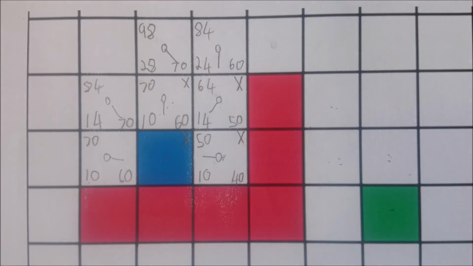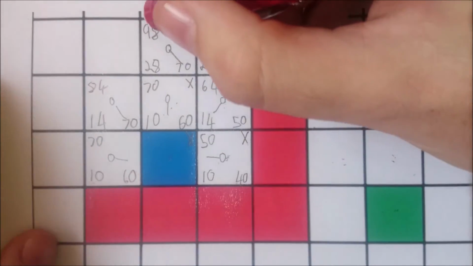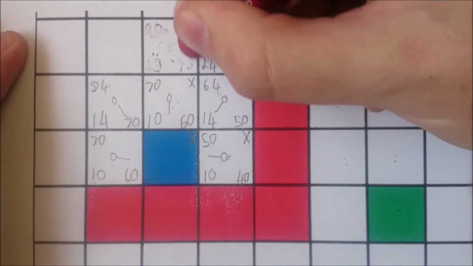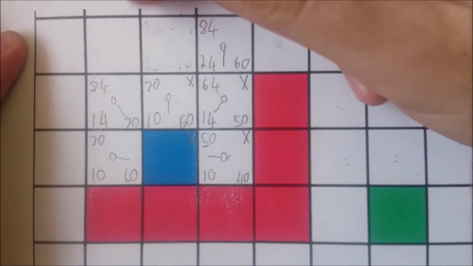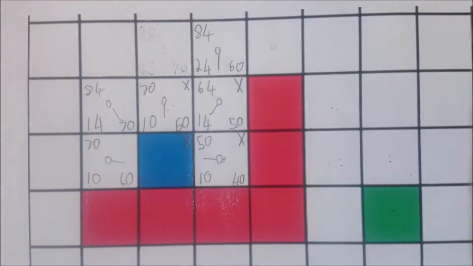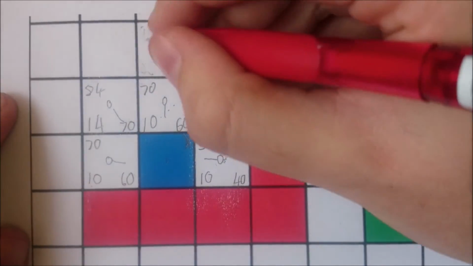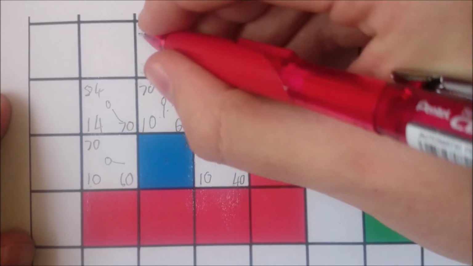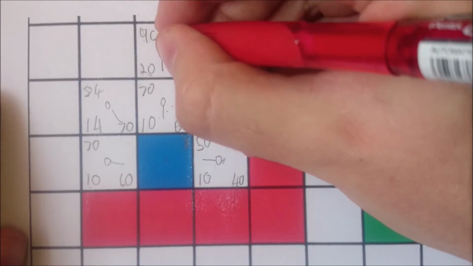So when this happens, we need to recalculate all the values for this tile, including, of course, changing the parent. The parent of this tile is now this one. Obviously the H score stays the same, but it's got a new G score of 20 and a new F score of 90.